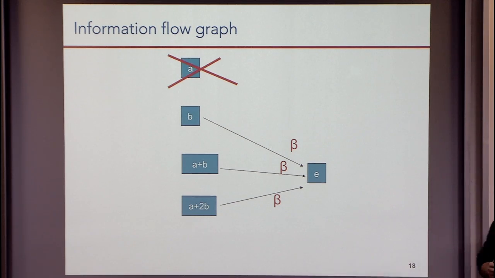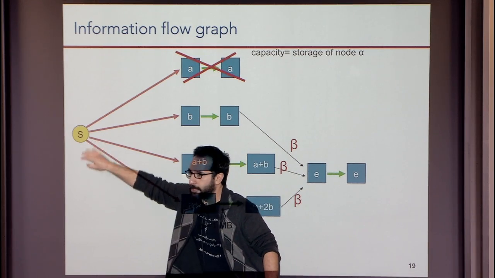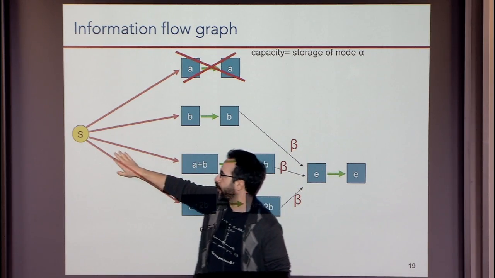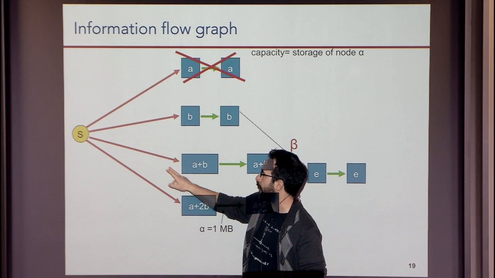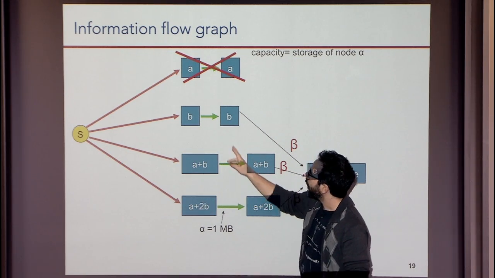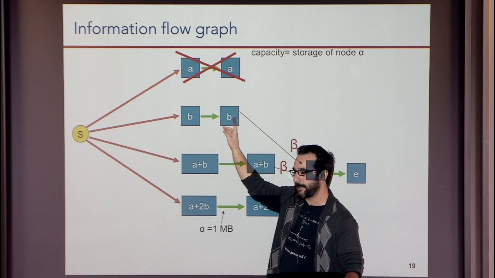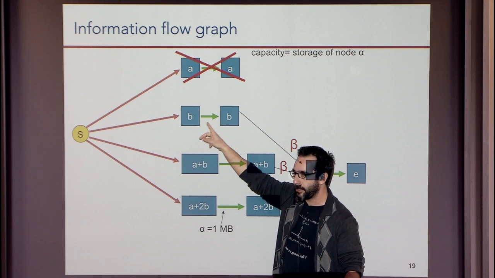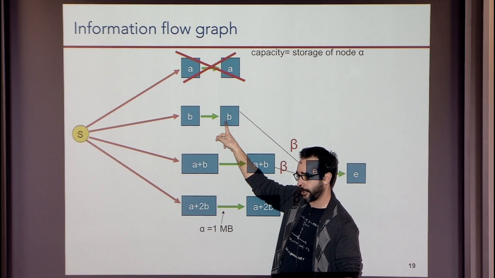Okay. So first I add a virtual super source where all the information in the universe originates. I connect this super source with links of capacity infinity to those. Now I'm doing this trick where I split every storage node in two parts, and I put this green arrow, which is how much information is stored in this storage node.